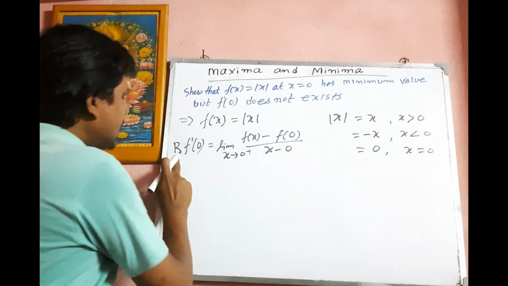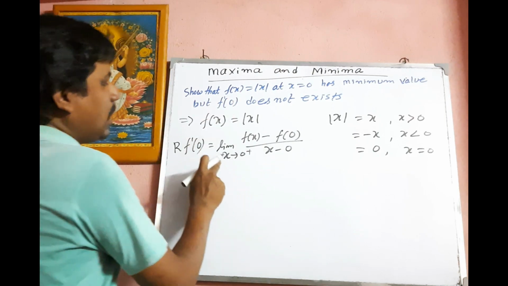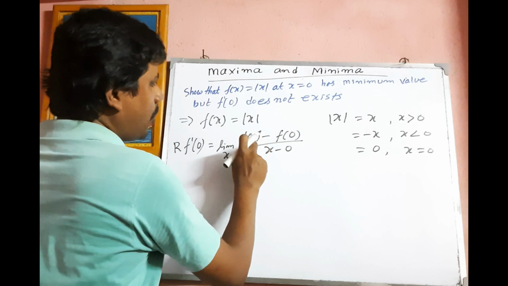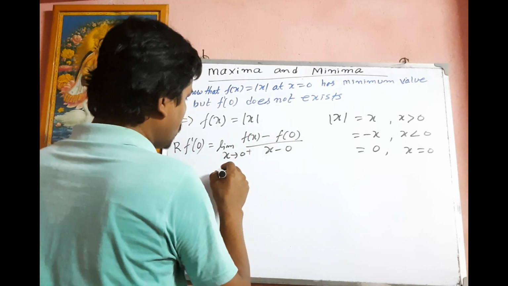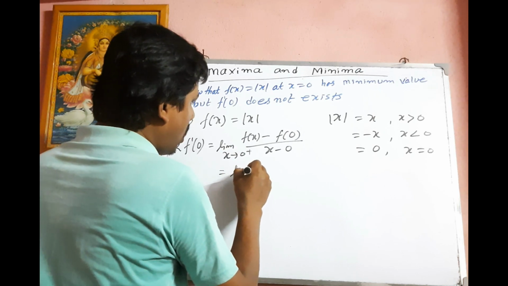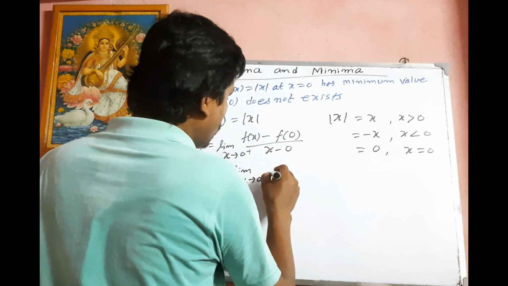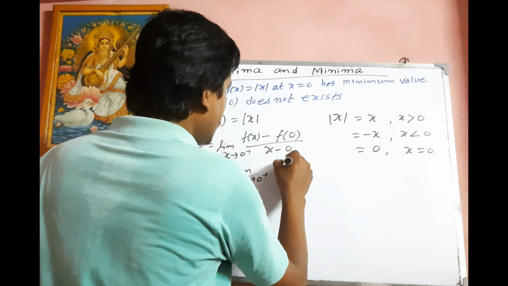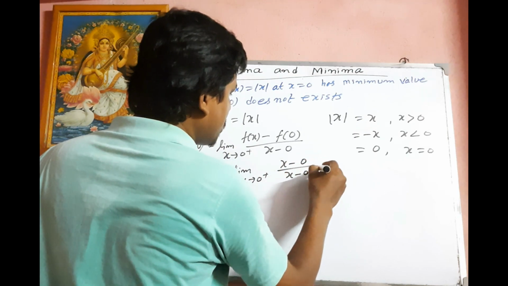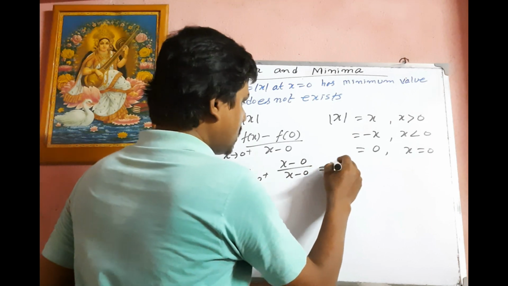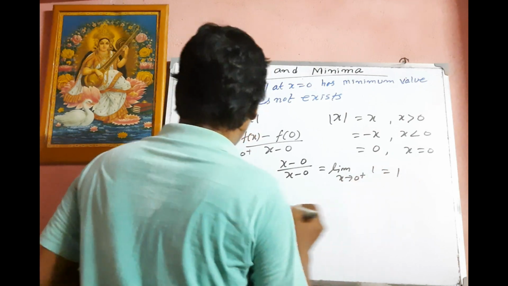and mod of x is equal to 0 when x is equal to 0. Now the right hand derivative at the point x is equal to 0 is the limit as x tends to 0 plus of f of x minus f of 0 divided by x minus 0. If we put the value of f of x when x is greater than 0, then we get x minus 0 divided by x minus 0, that is the limit as x tends to 0 plus of 1, that is 1.